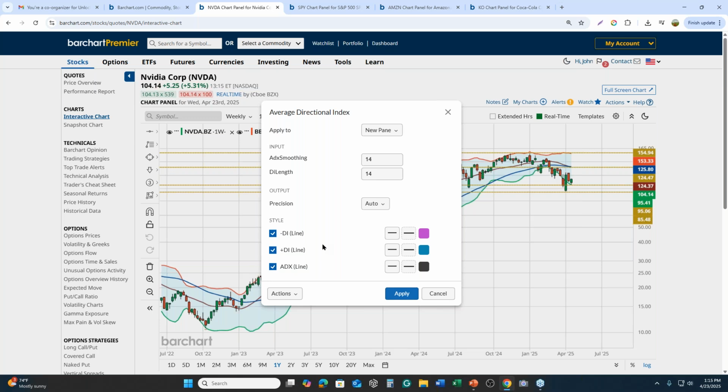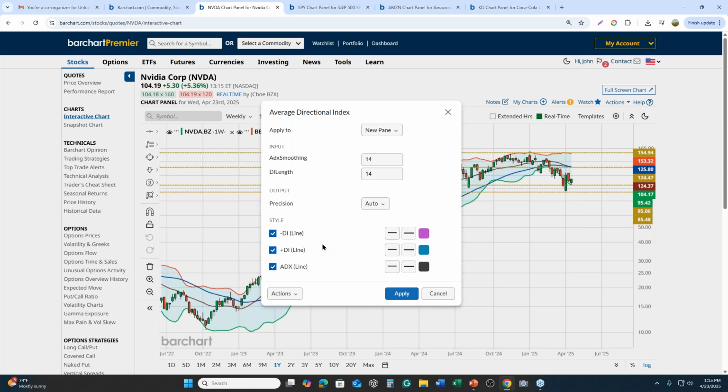Now, the DIs represent the portion of current price range that is outside of the previous price range. In other words, if we are outside of yesterday's high or outside of yesterday's lows, that will determine if we have a positive or a negative DI. And we'll add these up to give us a value.